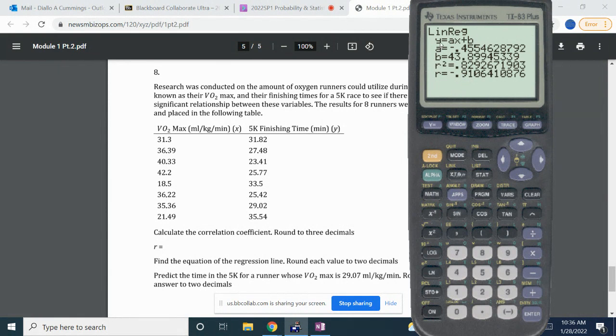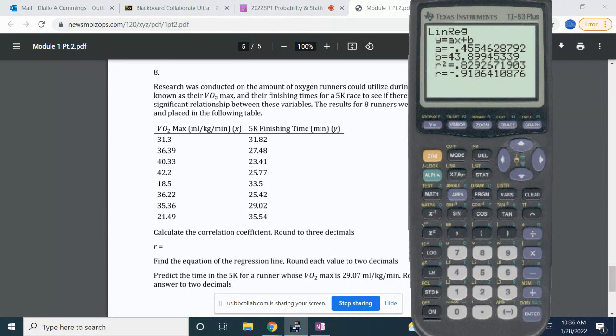We have it in the form y is equal to ax plus b. We have a as equal to negative 0.46, rounded to 2 decimal places. I'm also given b as 43.9.